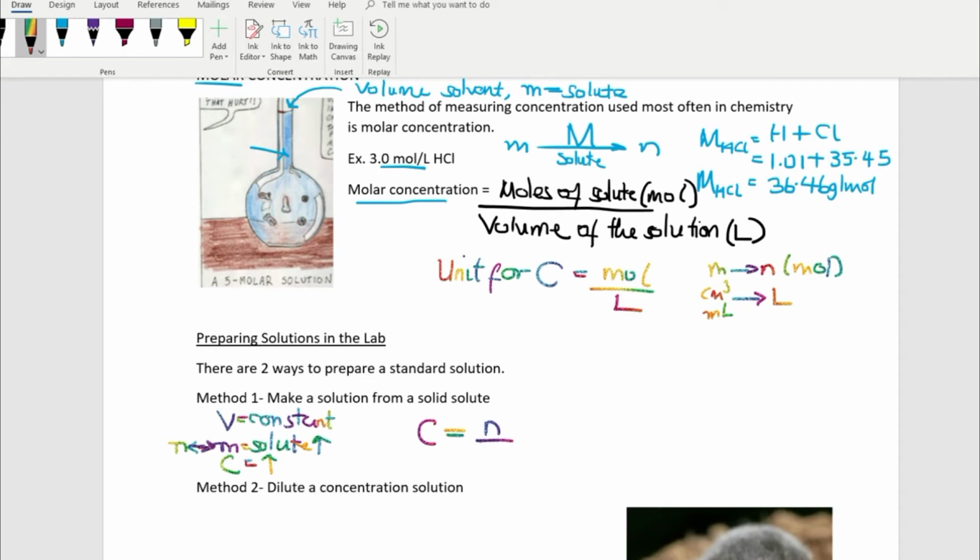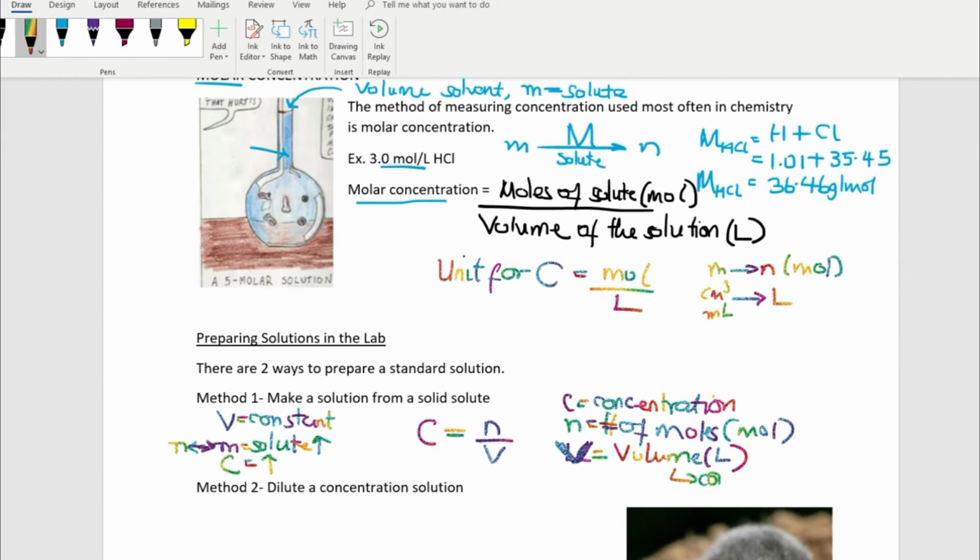C is equal to n over V, where C is the concentration, n is the number of moles, measured in moles, and V is the volume, measured in liters, and this is kept constant by just using a volumetric flask.